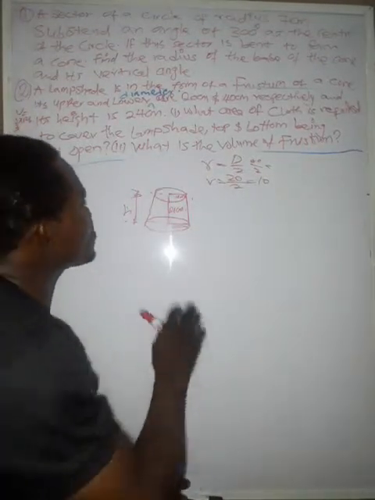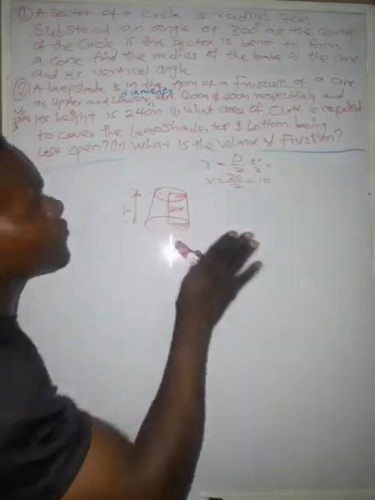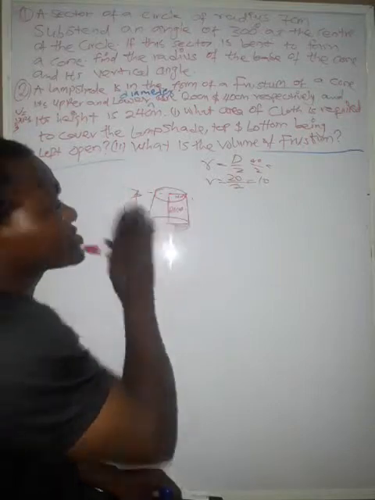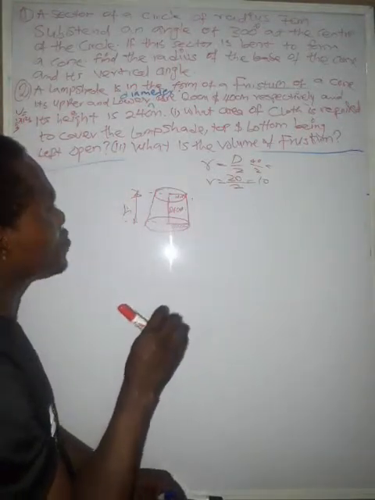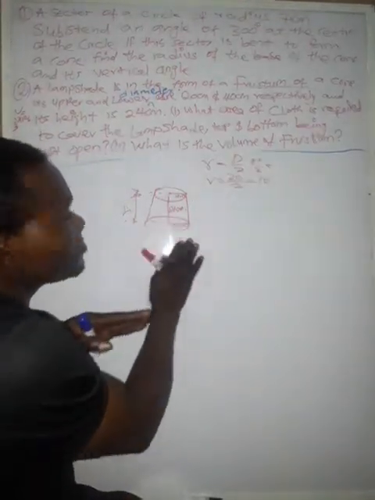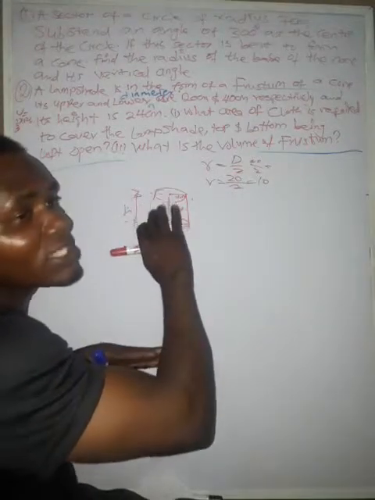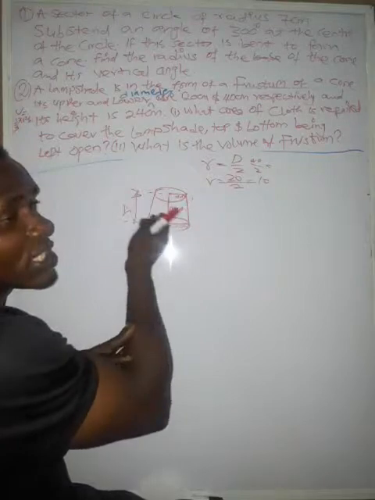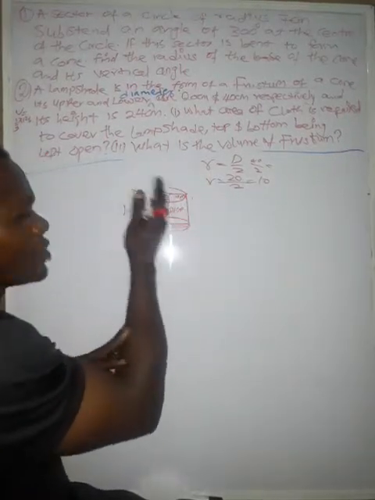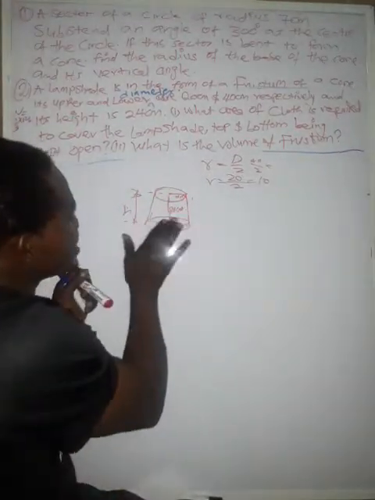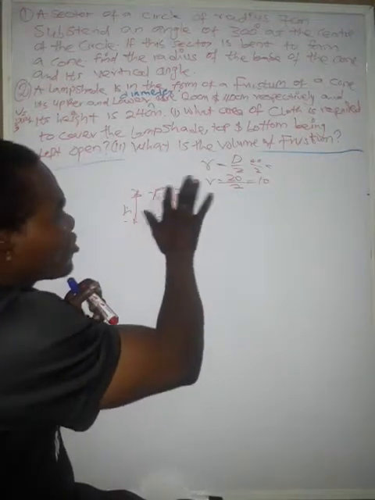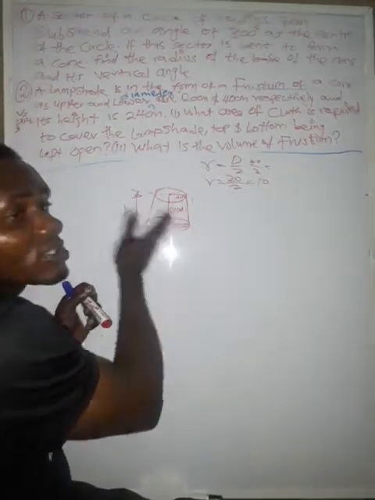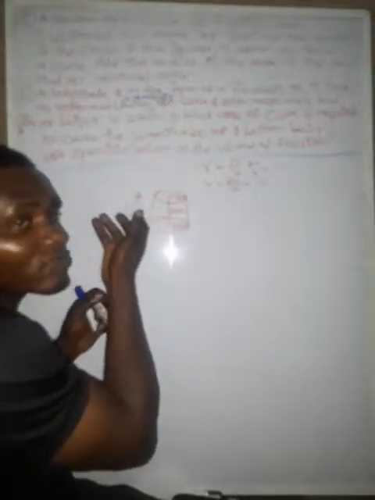We have to calculate the area of the cloth that is required to cover this frustum by leaving the base and this top. So what is it saying? It's just telling us to find the curved surface area. We should leave this part alone. We are not covering this part. We are not covering this part. So we just find the curved surface area of the frustum.